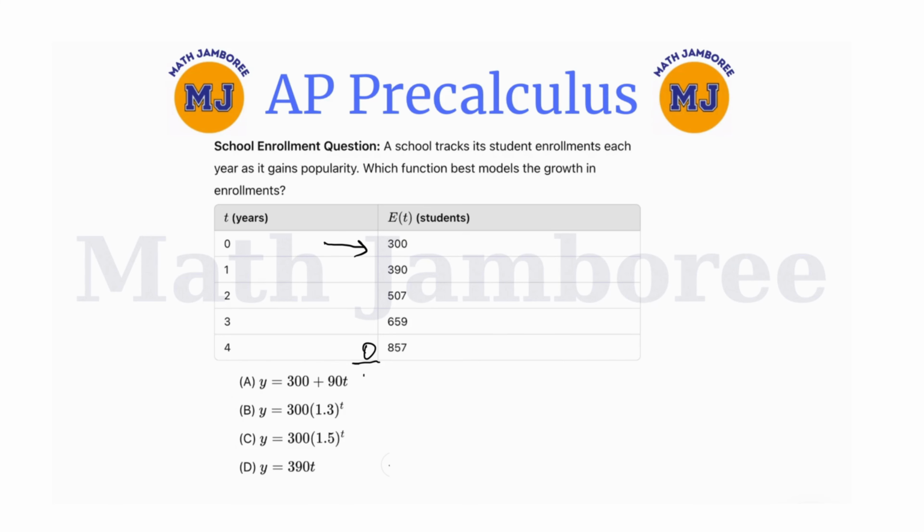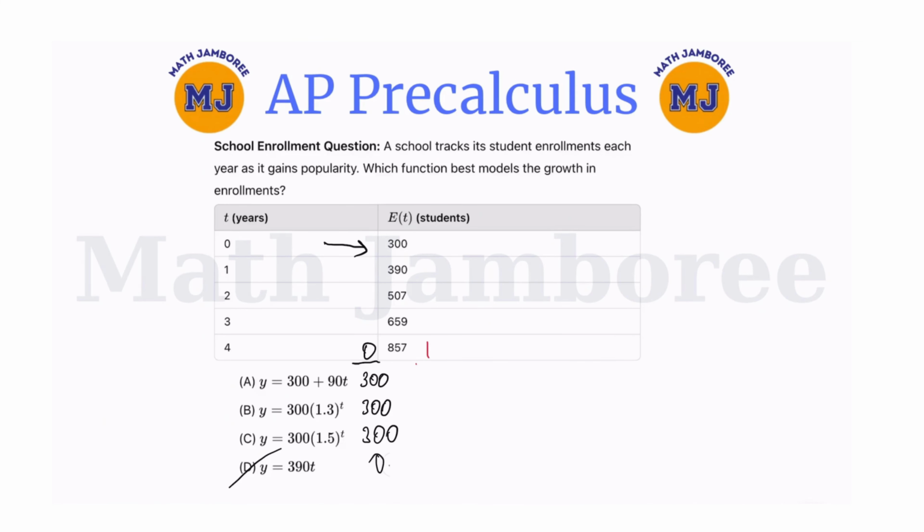Yes, 300, because 9 times 0 is 0, so 0 plus 300 is 300. Choice B: 1.3 to the power of 0 is 1, and this is 300 still. 1.5 to the power of 0 is 1, so 1 times 300 is 300. In choice D, 390 times 0 is 0. Therefore, we can eliminate choice D.